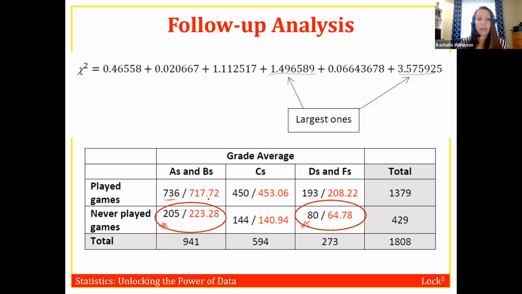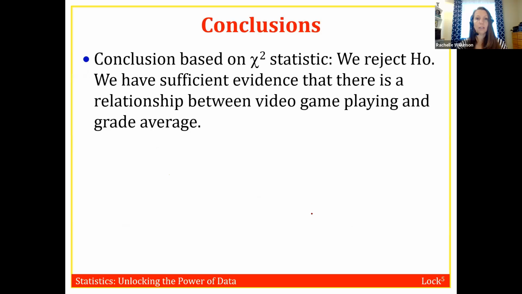And we can kind of see that here as well, looking back at those. So it looks like we saw a lot more kids get higher grades who played video games than what we would have expected. And the kids who didn't play video games were seeing lower grades than what we would expect. Okay, so now we're just going to try to assimilate all that information and come up with some grand conclusion based on our follow-up analysis.